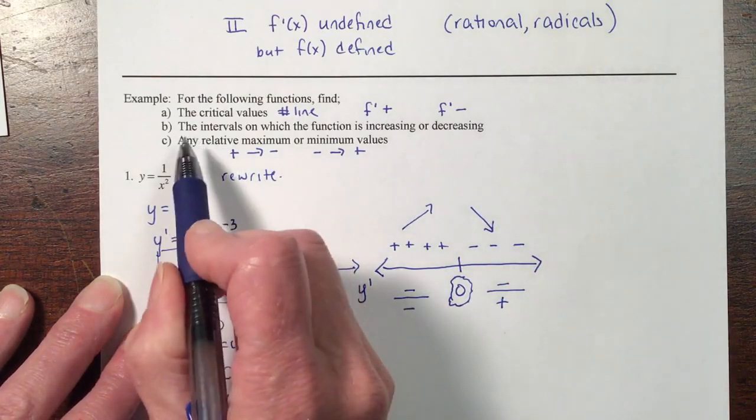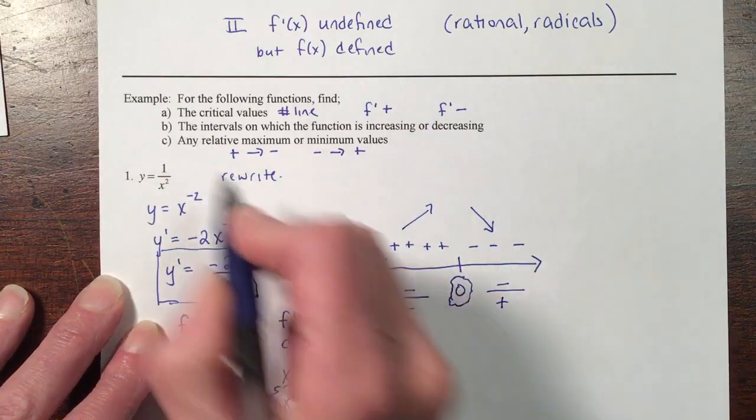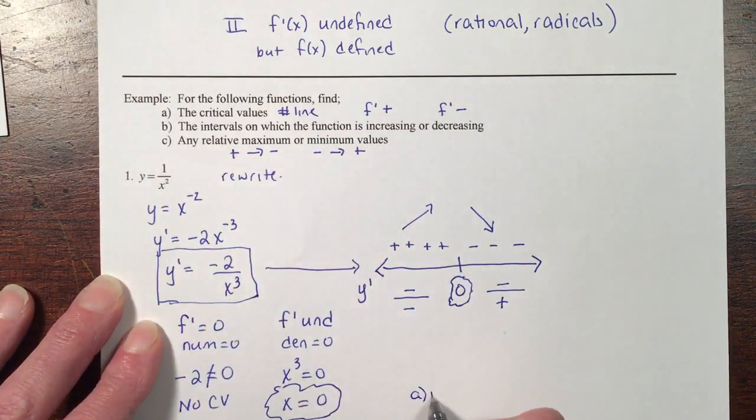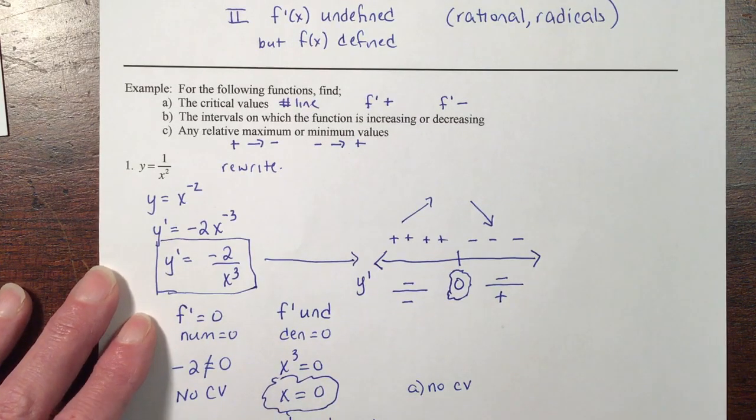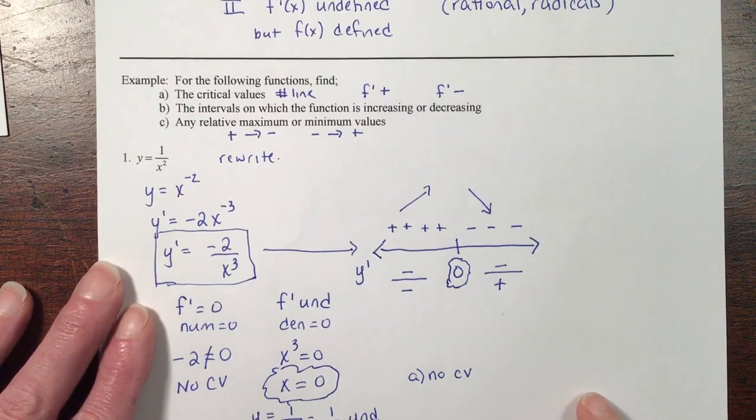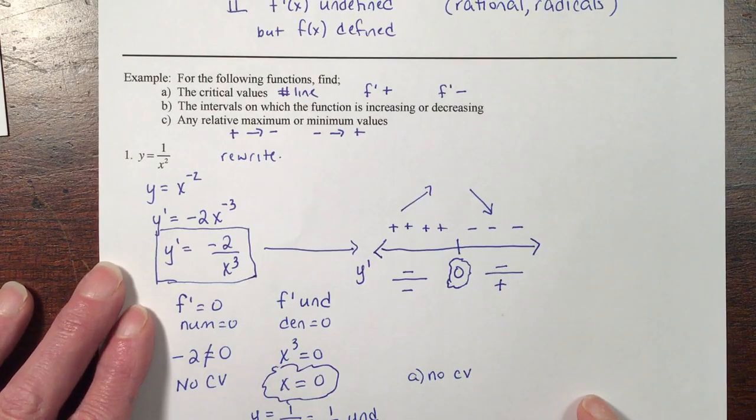Okay, so for part A, there were no critical values. Even though I got an answer here, it technically was not considered a critical value, but you still have to test that number. You still have to make a number line.